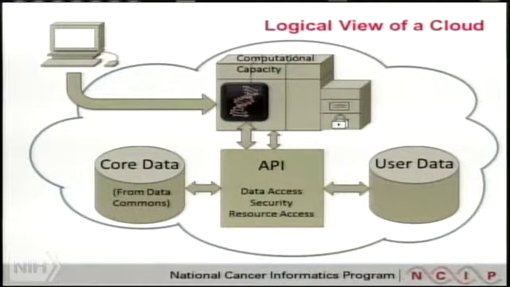This is what the programs that people write interface with, so that they can get access to the core data, they can get access to the computational capacity, much in the same way that the operating system on your iPhone, the iOS, allows you to have access to the resources of the iPhone, the computational capacity, the storage, the data, etc. In effect, we would have a whole series of applications that would run and would use this application programming interface for data access, security, and resource access.